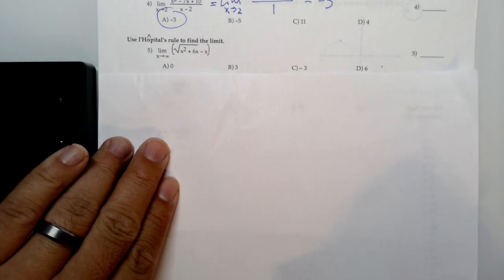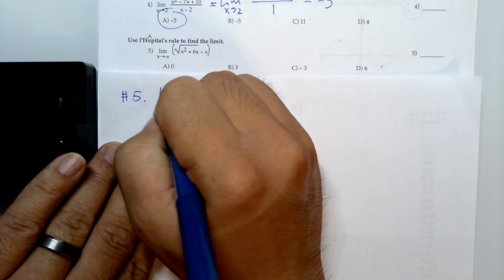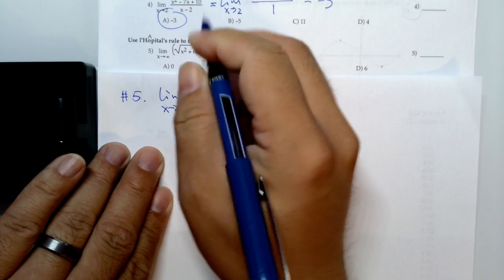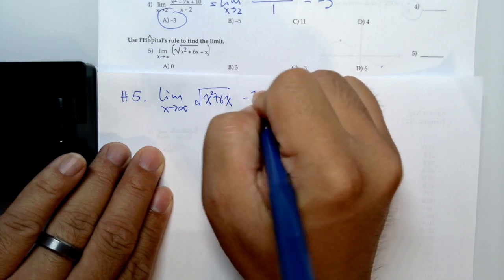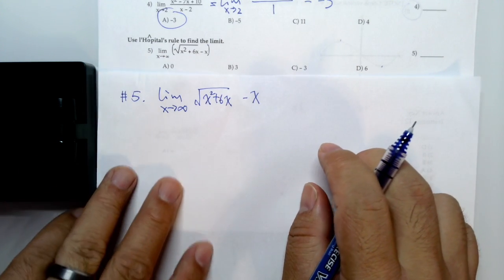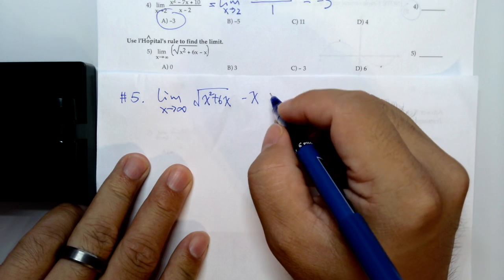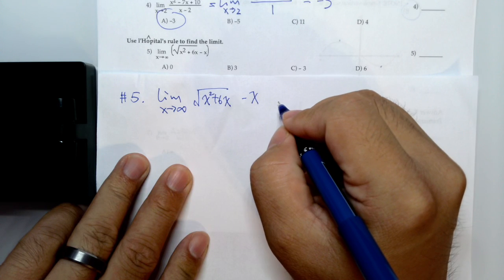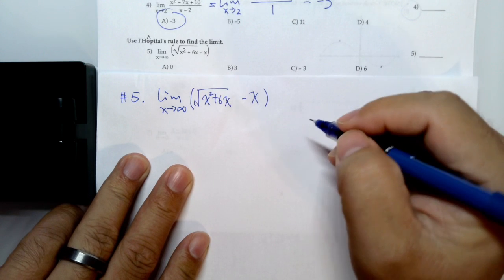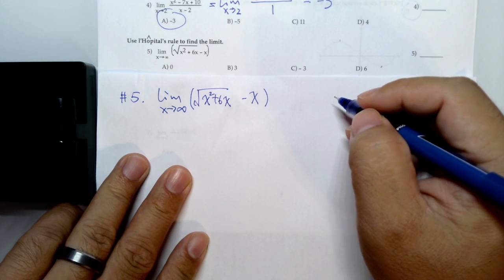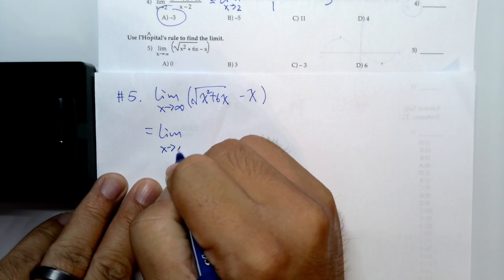So this is number 5. The limit as x approaches infinity of the square root of x squared plus 6x, minus x. The technique we will use for this problem is called the conjugate.